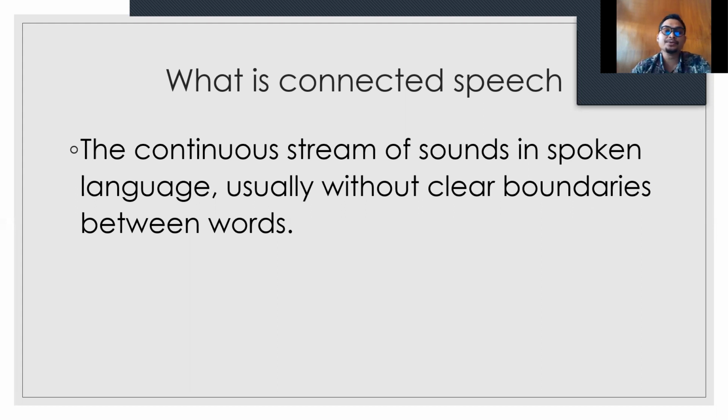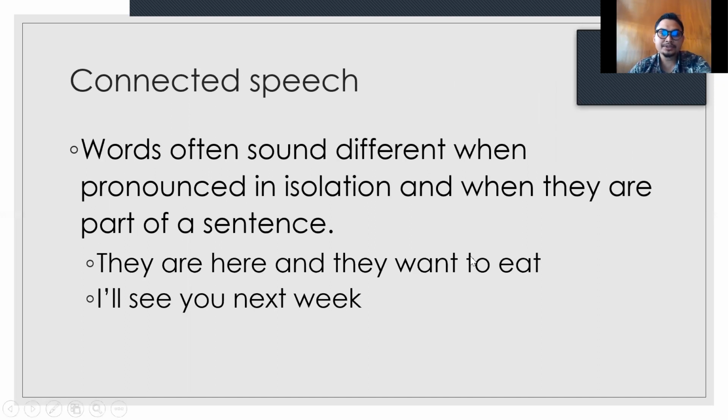Okay, so let's continue. In connected speech, words often sound different when pronounced in isolation and when they are part of a sentence. For example, when you're going to pronounce one word, let's say "of" or "off".